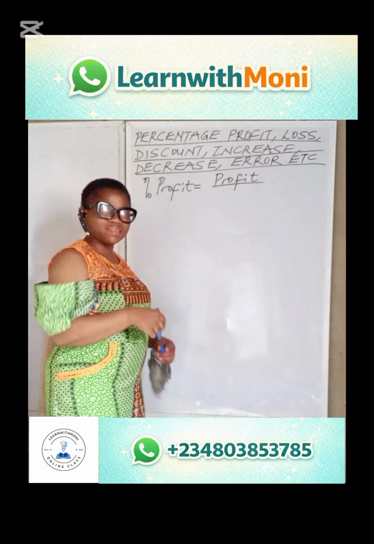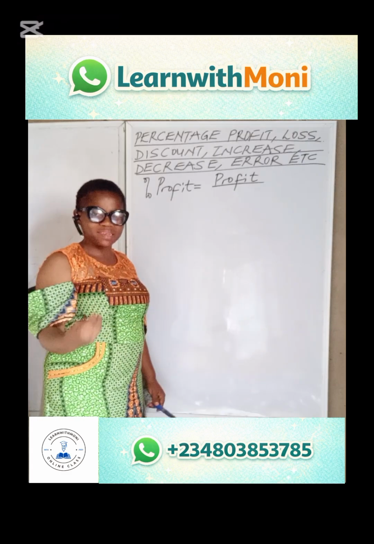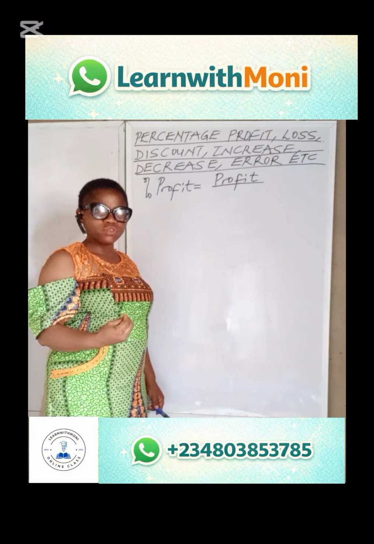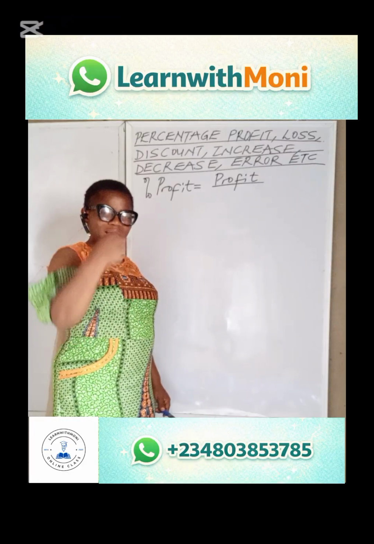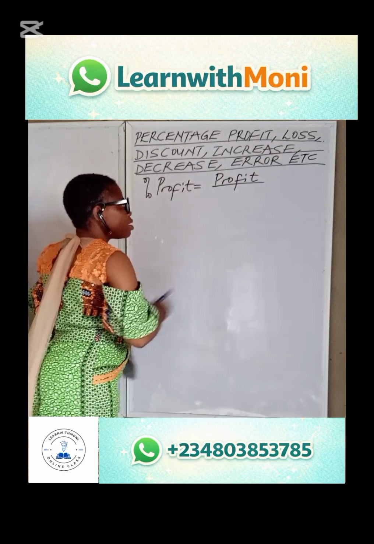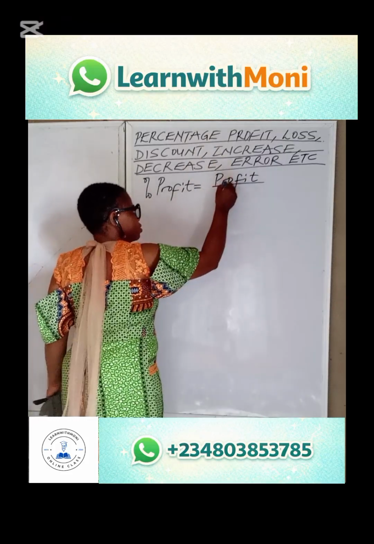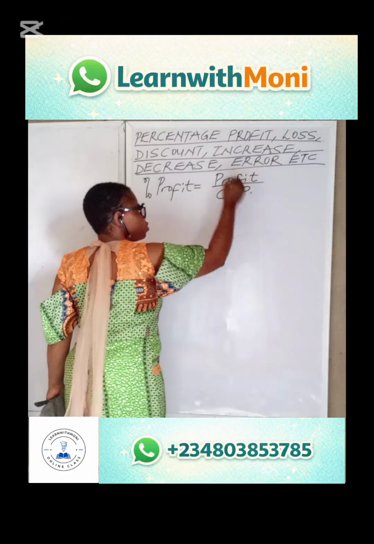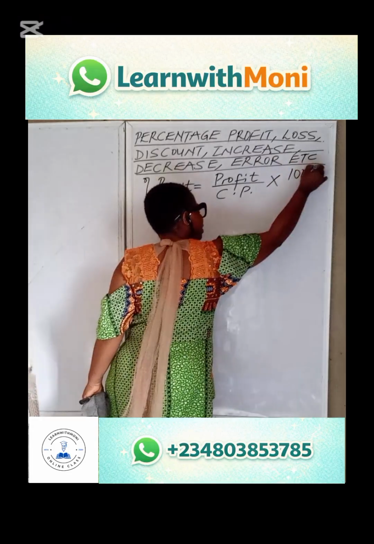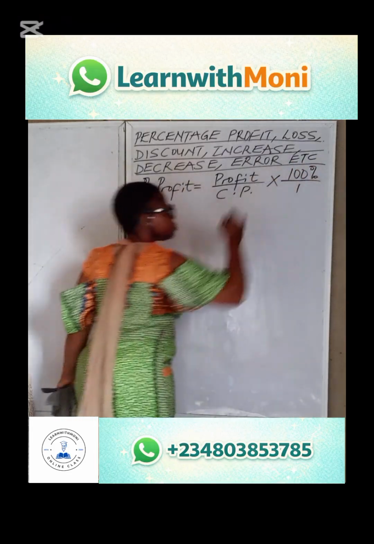So the first price involved is the cost price, the price it cost me to buy the item I want to sell. So it's going to be the profit over the first price, which is the cost price, times 100% over 1.